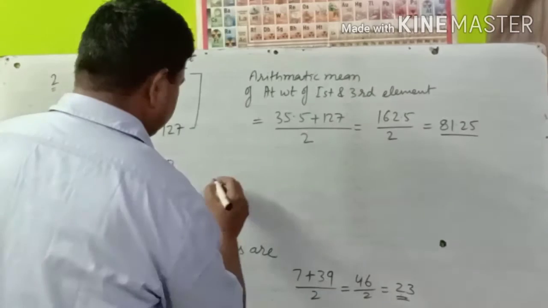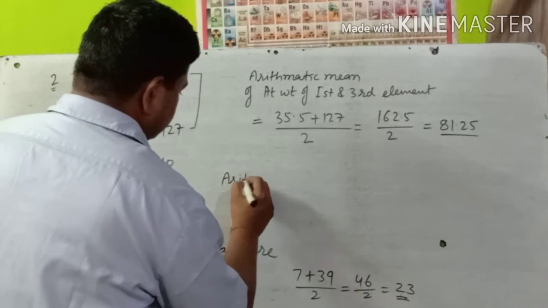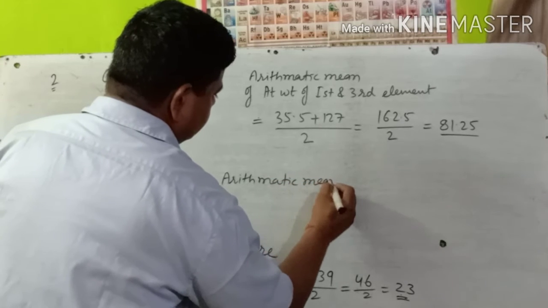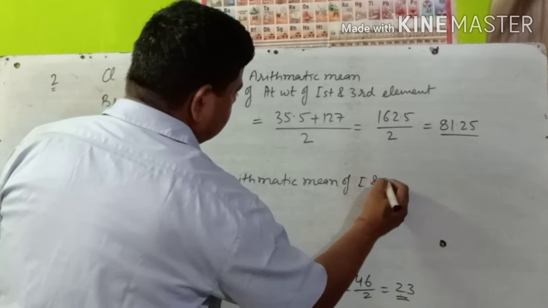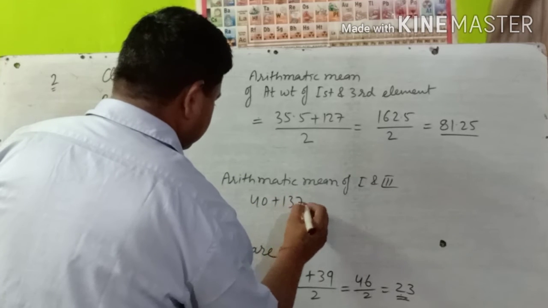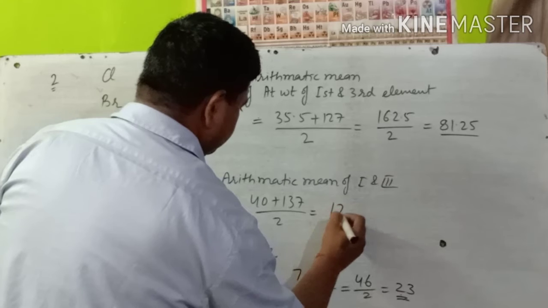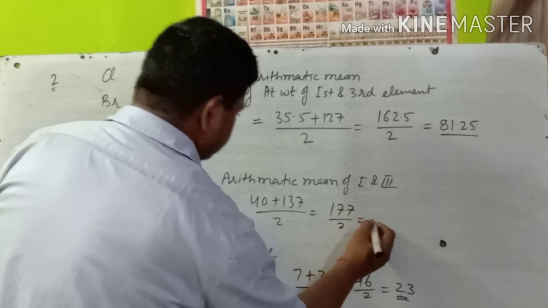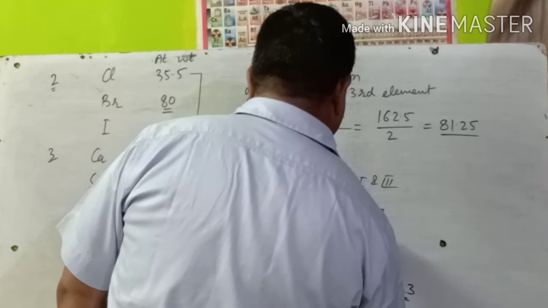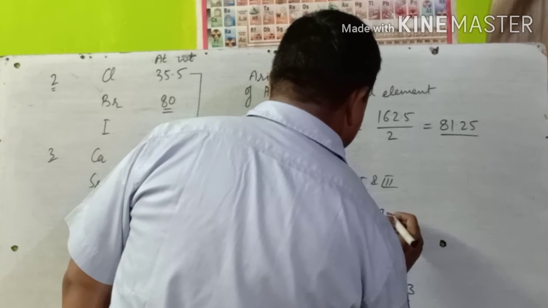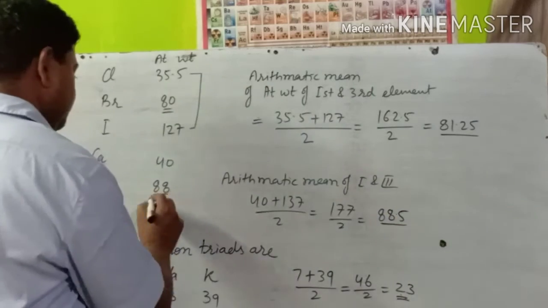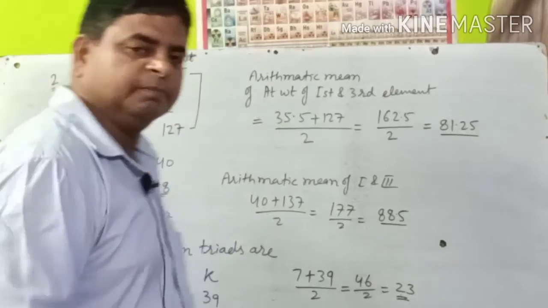So the arithmetic mean of the first and third is 40 plus 137 divided by 2, that is 177 upon 2, that is 88.5, which is nearly equal to strontium.